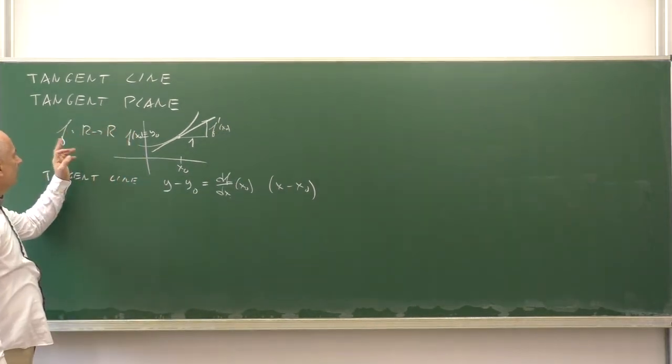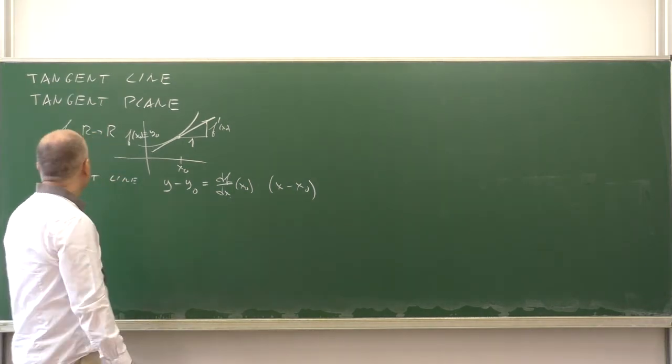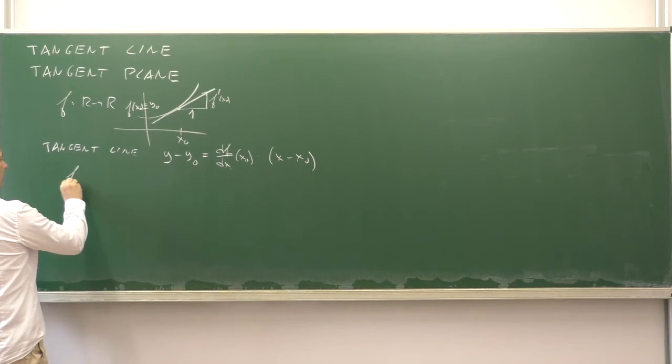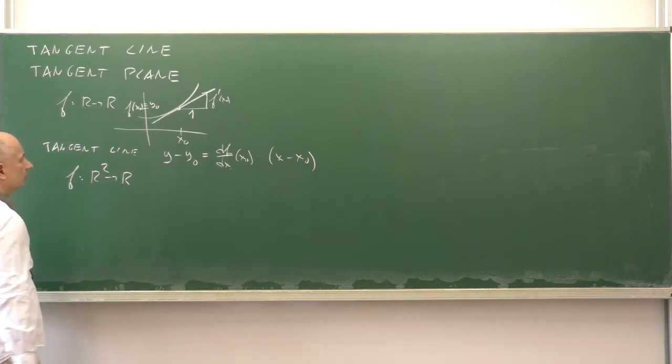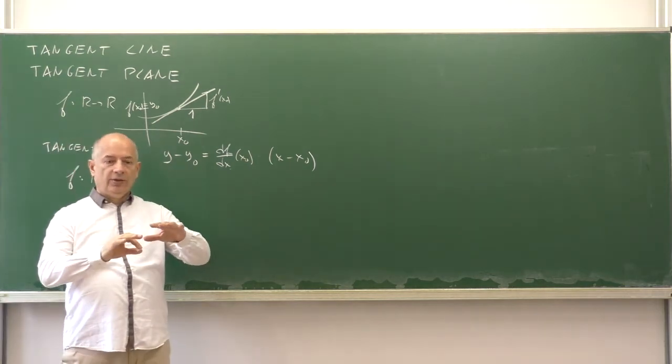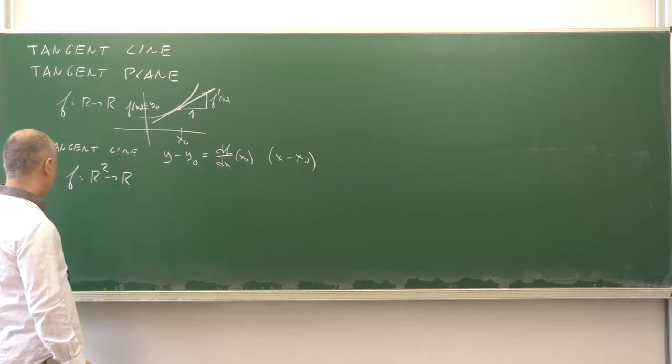So that was easy for one real function of one real argument. And now for a function of two arguments. Now the graph is a two-dimensional surface in a three-dimensional space.